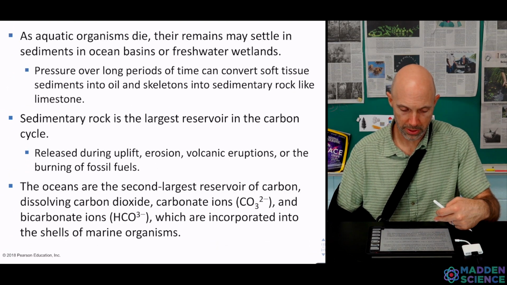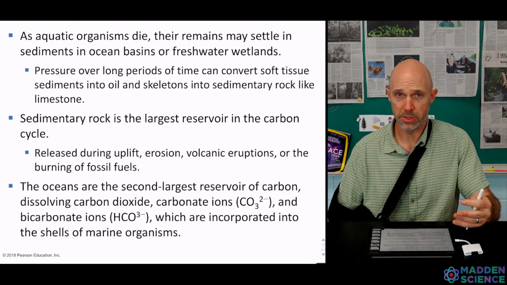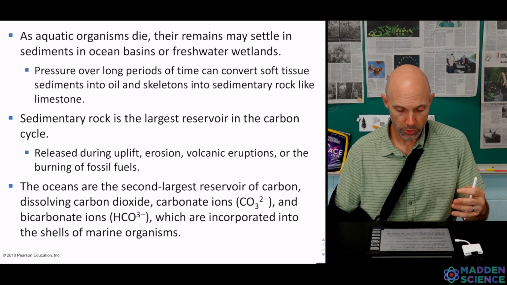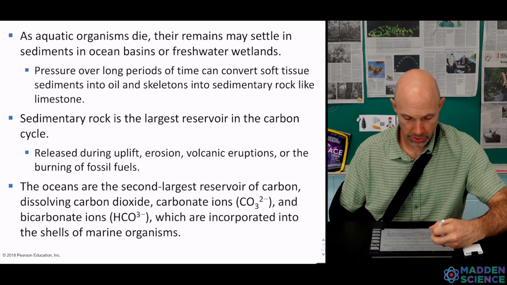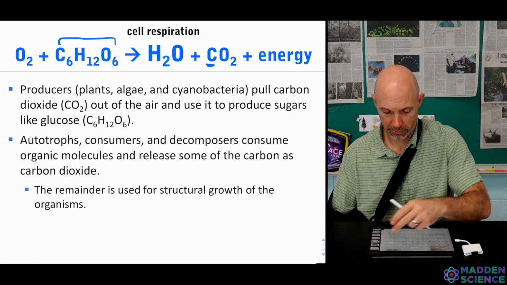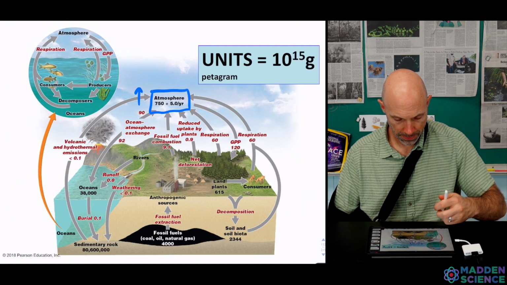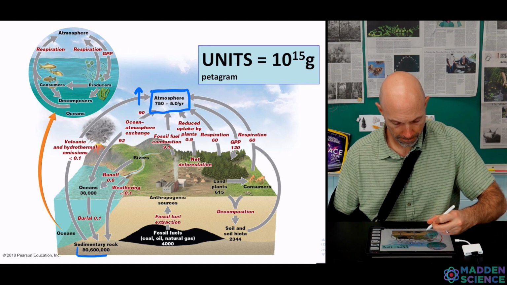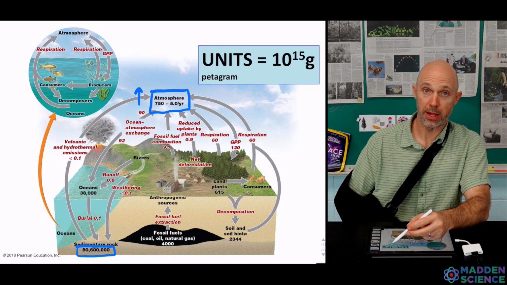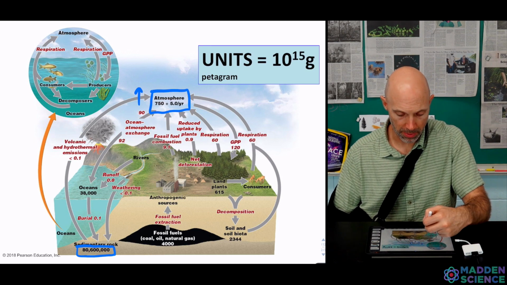A little bit more in terms of this, you got aquatic organisms and that recycling, right? Forming fossil fuels, a huge reservoir in sedimentary rock. So if we go back here, you can see 80 million times 10 to the 15 grams of carbon stored there.